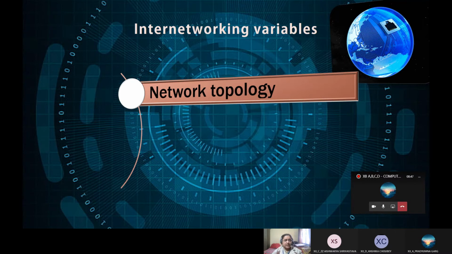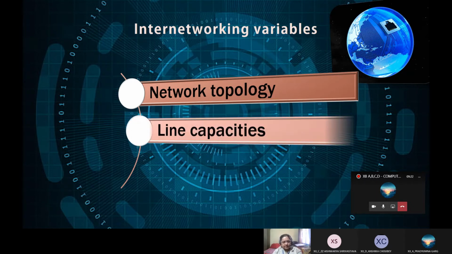Sometimes it may happen, depending upon the type of infrastructure available, bus topology would be suitable, like if we have a kind of platform running wall to wall, covering all the four walls, so in that case what would be suitable? Bus topology or ring topology would be suitable. Or if we have a place in the center where we can keep a switch, like our computer lab, so star topology would be suitable. So topology also has to be decided upon.